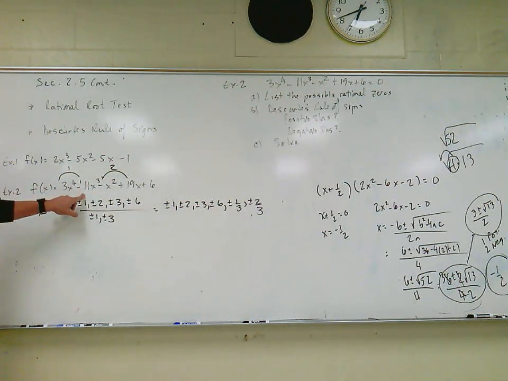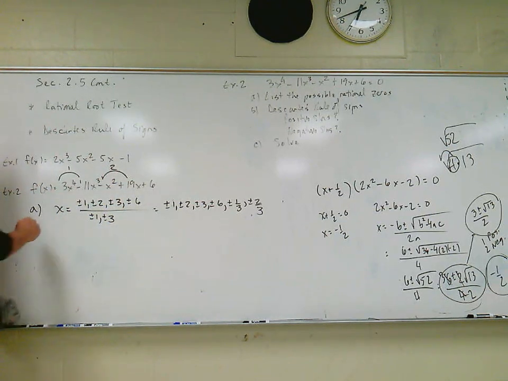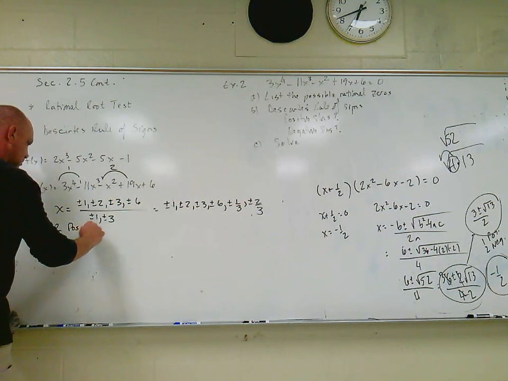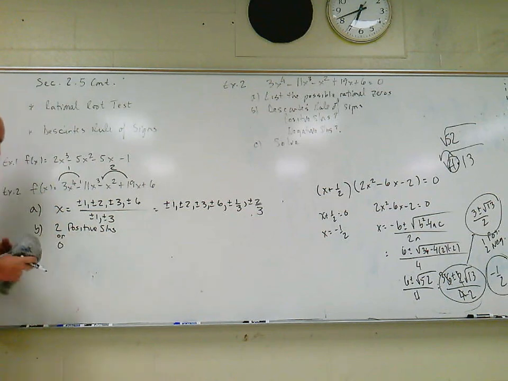From positive to negative, then from negative to positive. So that tells us there's going to be 2 positive solutions or 0, because you take however many it was or less that by an even amount. Had it been 4, it could have been 4 positive, 2 positive, or 0. So you need to know there's either 2 positive solutions or no positive solutions. Okay?